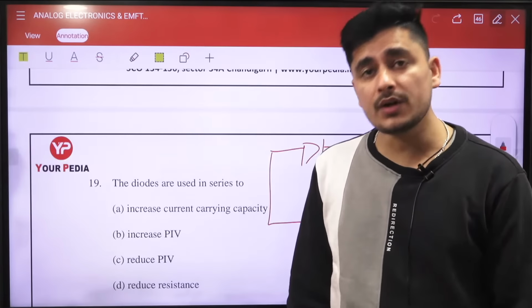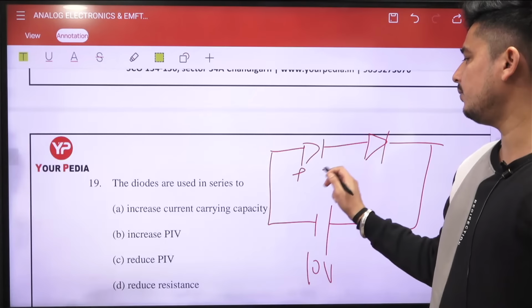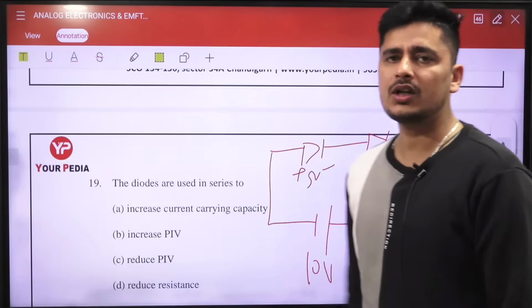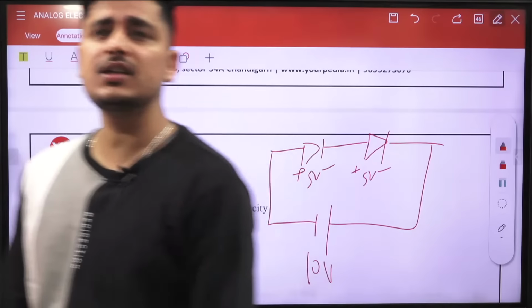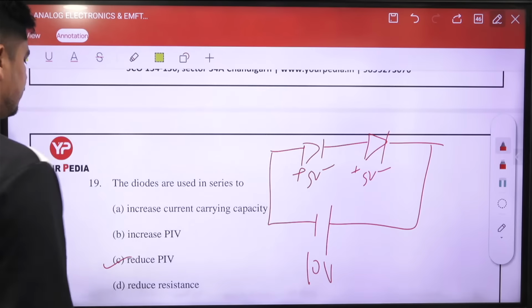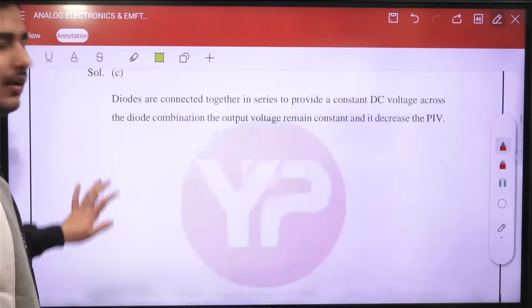If you connect two diodes there, they will divide it in half. Now each will take 5 volts in reverse bias. So is its peak inverse voltage decreasing or increasing? Decreasing. So the peak inverse voltage is reduced. Got it? Yeah.